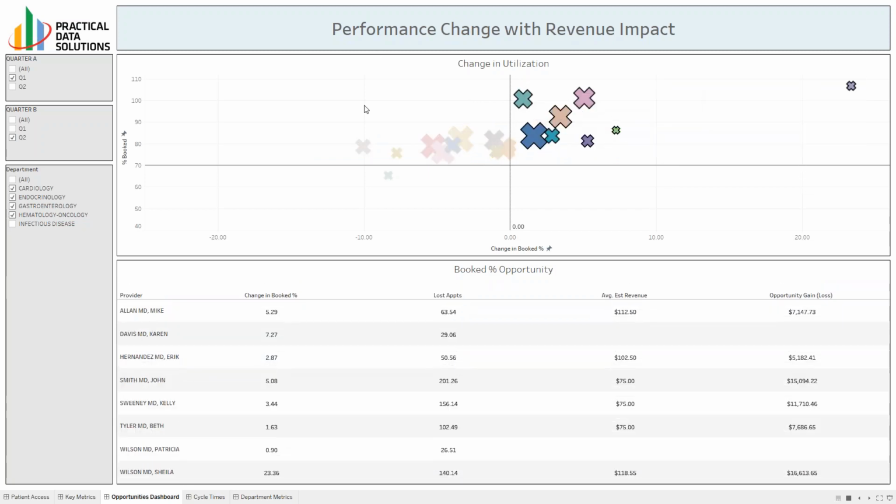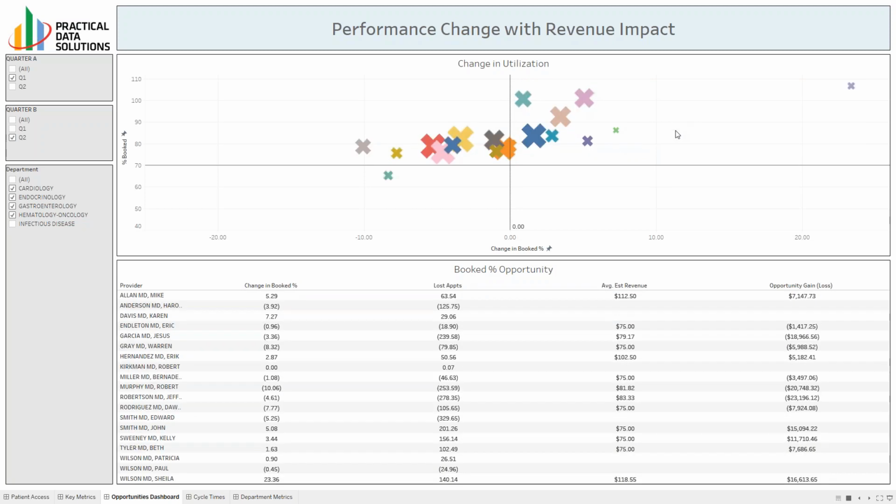At the same time, this can also be a little bit complex. Right now, we only have that one provider in that lower left-hand quadrant. But if that number were to continue to grow, that provider is not even meeting our target, and they're also decreasing in utilization. So that lower left quadrant would be a place to focus on.